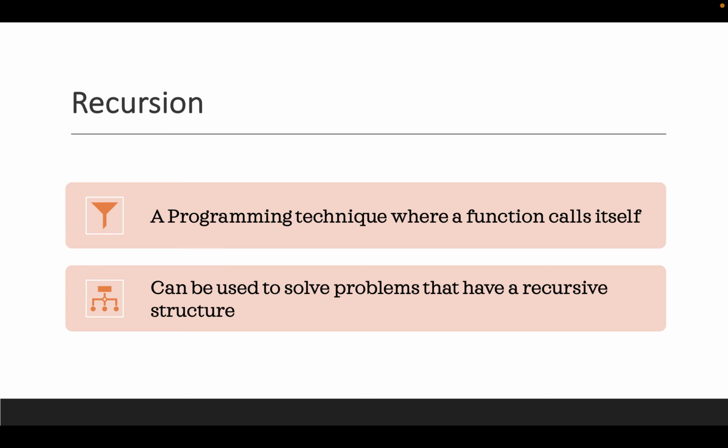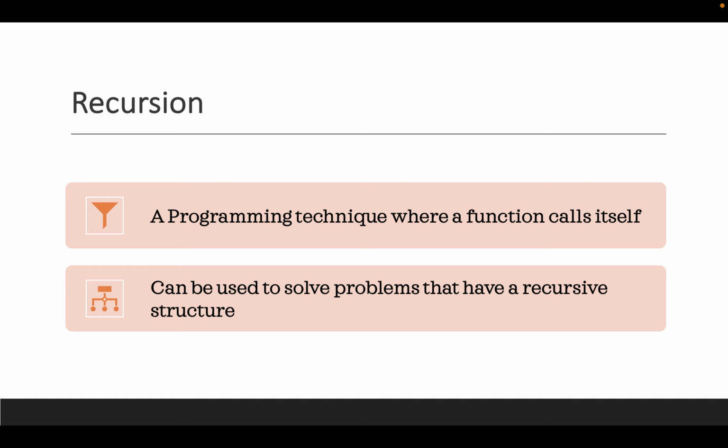Recursion is another important feature of functional programming, where a function calls itself. This can be used to solve many problems that have a recursive structure.